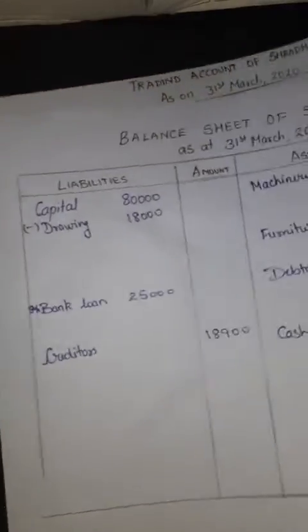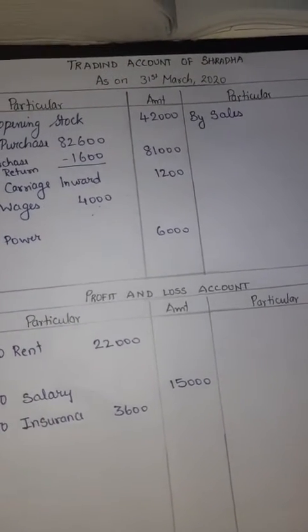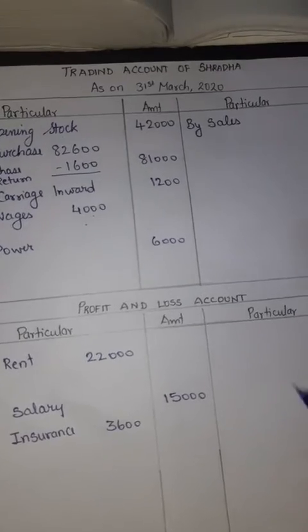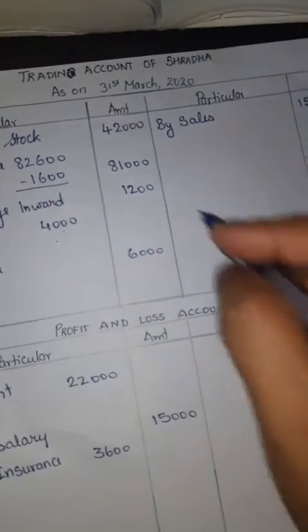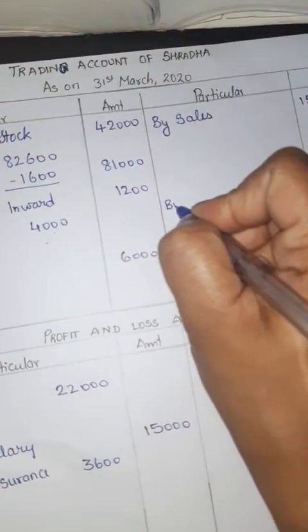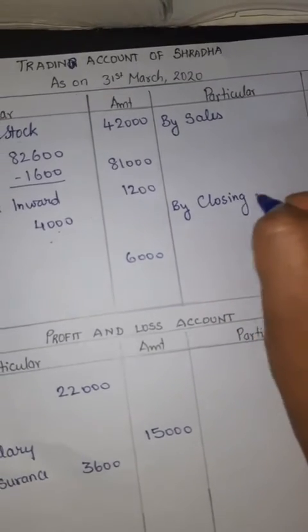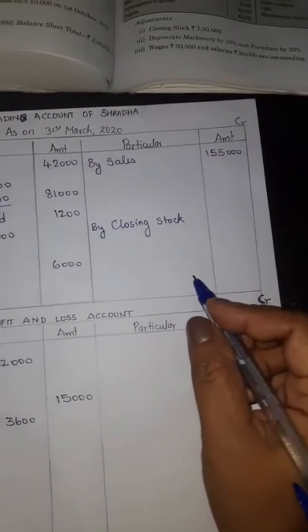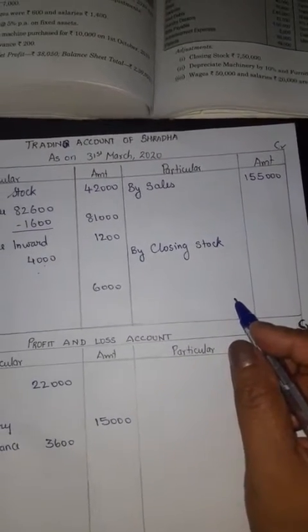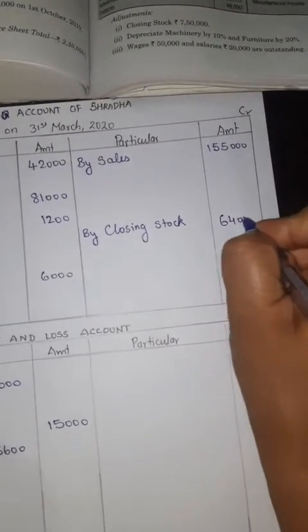Tell me, where is the first posting of closing stock? It is in the trading account. You can show it here by closing stock, trading account, credit side, closing stock, the amount given to you is 64,000.